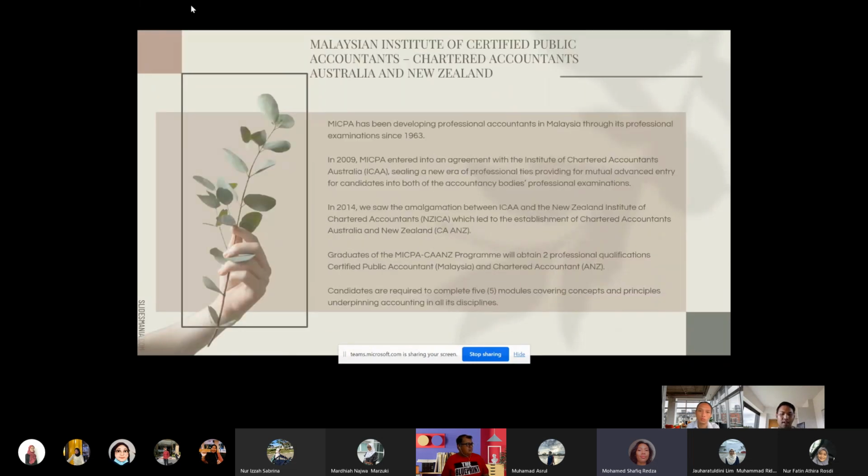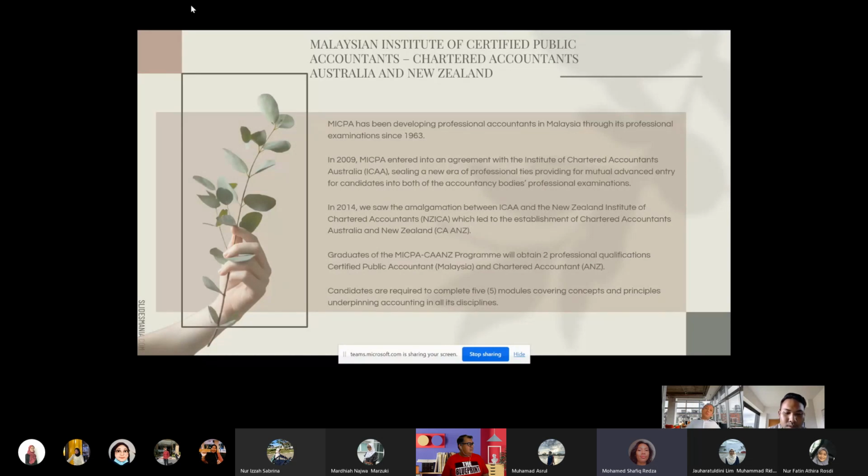Next, about MICPA. MICPA has been developing professional accounting in Malaysia through its professional examination since 1963. In 2009, MICPA entered into an agreement with the Institute of Chartered Accountants Australia, ICAA, sealing a new era of professional ties, providing mutual advanced entry for candidates into both of the accountancy bodies' professional examinations.